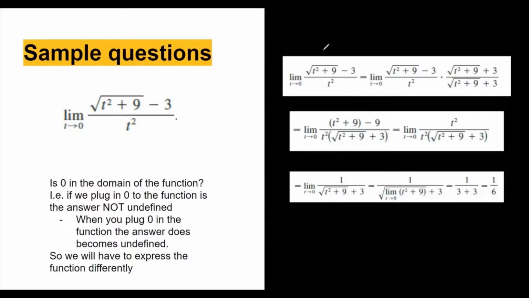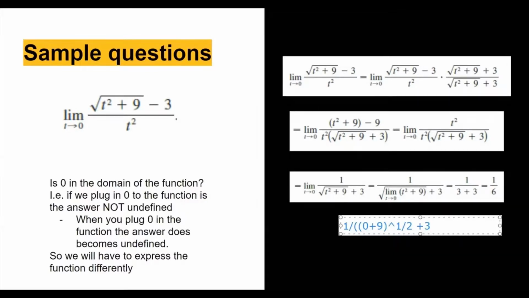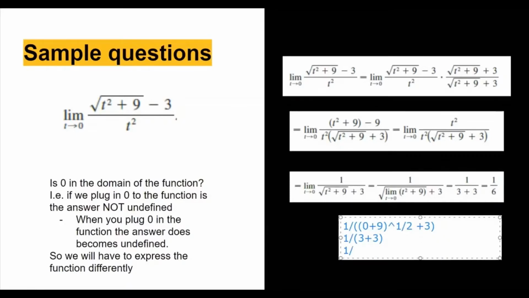If I substitute t squared with 0, my answer would just be 1 divided by the square root of 0 plus 9, plus 3, which becomes 1 divided by 3 plus 3, and that gives us 1 divided by 6.